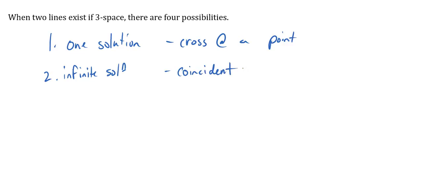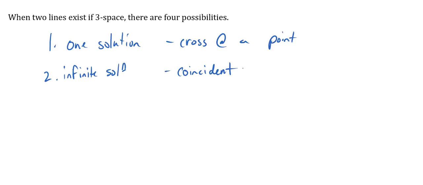They could certainly still both be the same line. They could be coincident. I know these are lame lines, but my rulers are my lines, and they literally exist in 3 space. Like, this is perfect, right? So, one solution, they cross at a point.